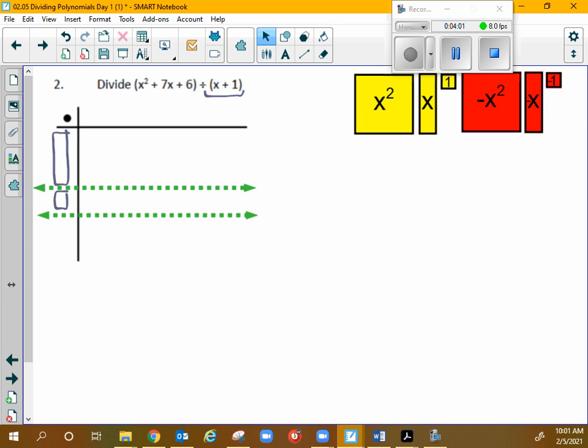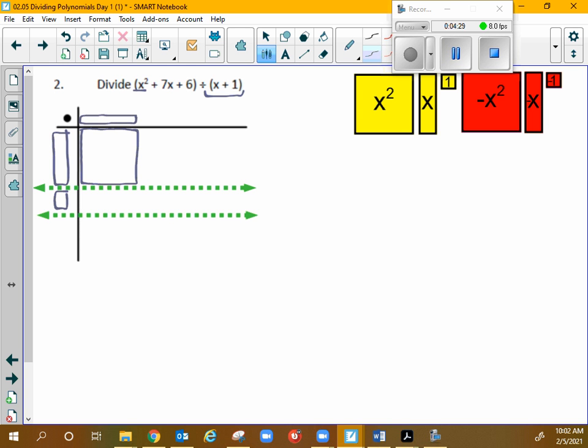So let's divide. I'm going to go term by term. So I'm going to start with the leading term, which is what? X squared. Start at the top left, x squared. Do I have enough information to figure out what my first term is on top? What is it? X. Okay.